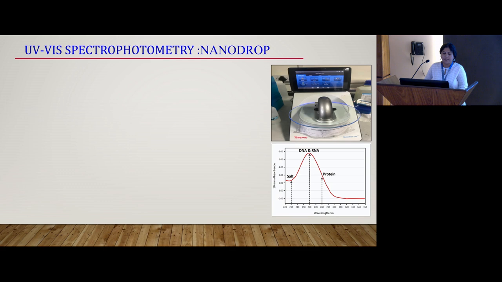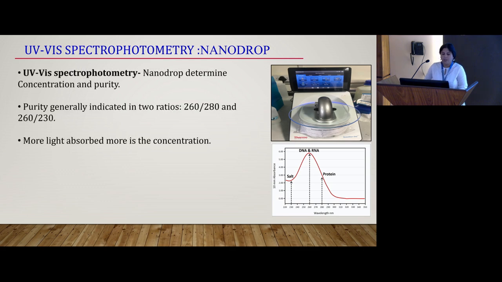The first method is ultraviolet spectrophotometry, that is Nanodrop. Nanodrop uses the principle of ultraviolet spectrophotometry. Nanodrop determines both concentration and purity of the nucleic acid. The purity is generally indicated by two ratios, that is absorbance at 260 by 280 for nucleic acid, and for protein, the absorbance at 260 by 230.